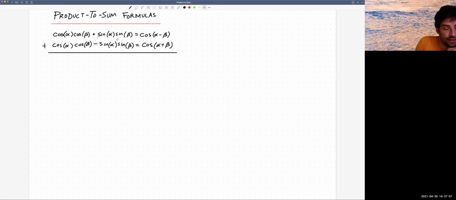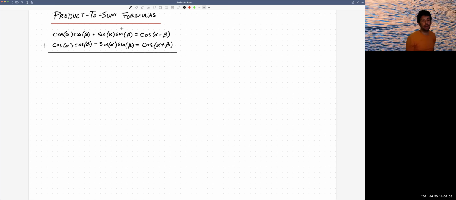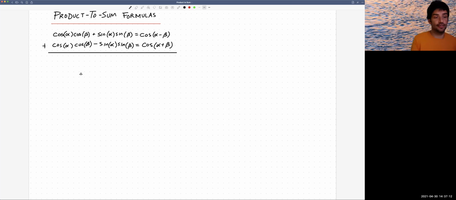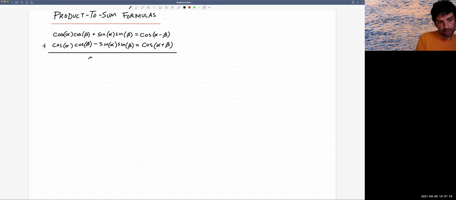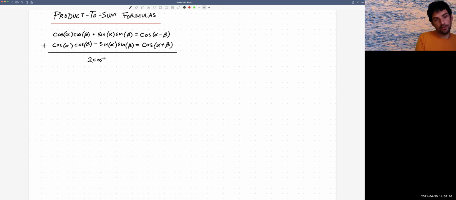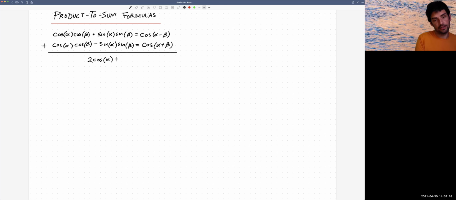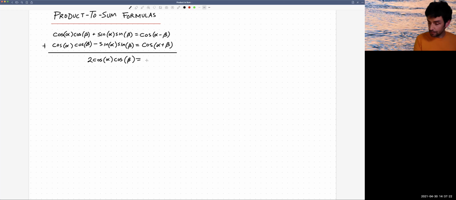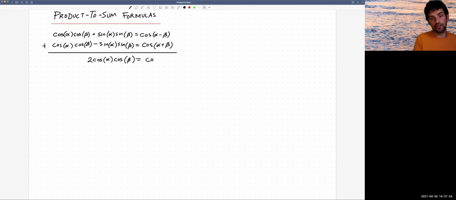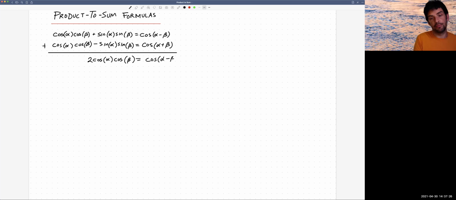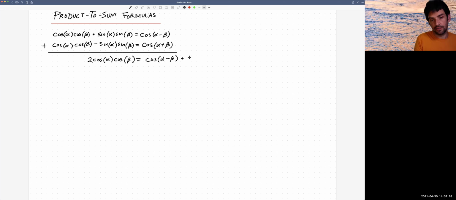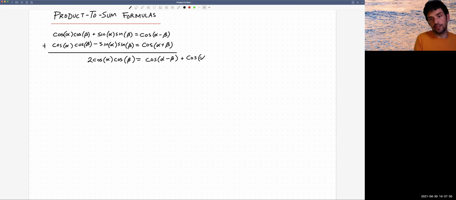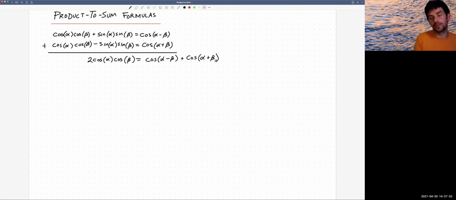But for the sine terms, sine alpha sine beta minus sine alpha sine beta, those cancel out. So we end up with simply 2 cosine alpha cosine beta. And over here, we've added them together, so I've just got cosine of alpha minus beta plus cosine of alpha plus beta.